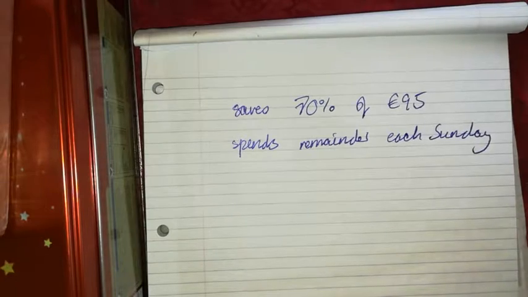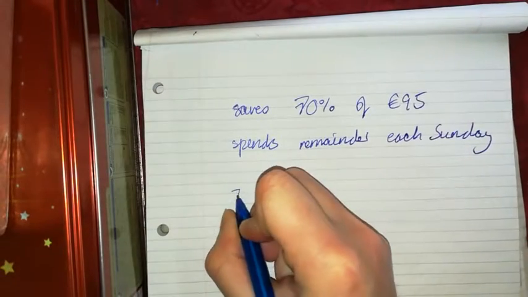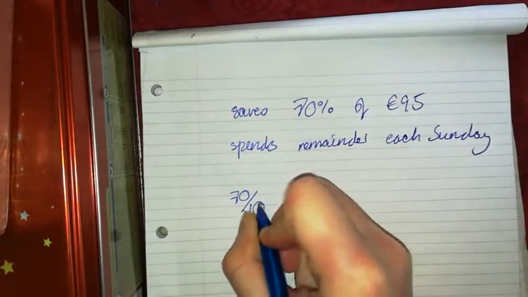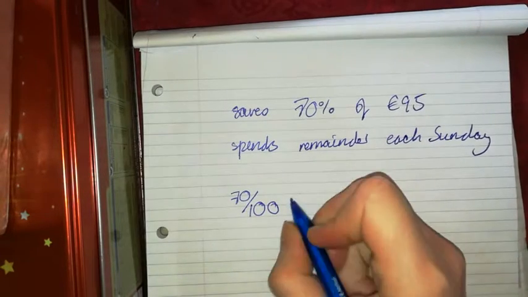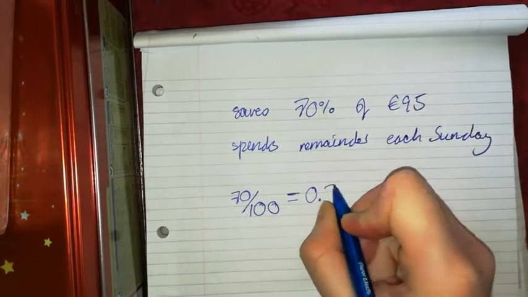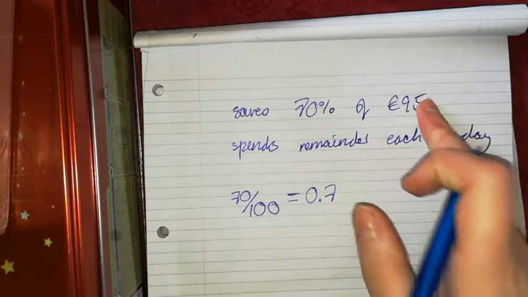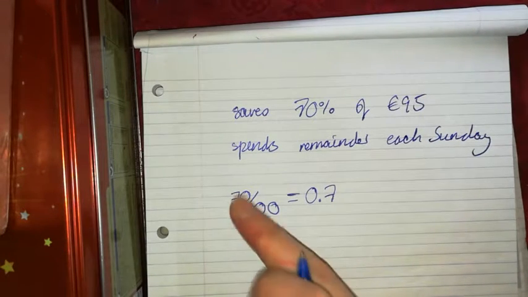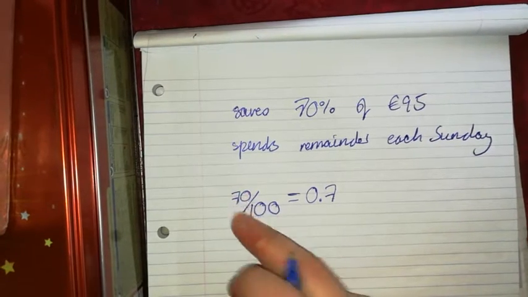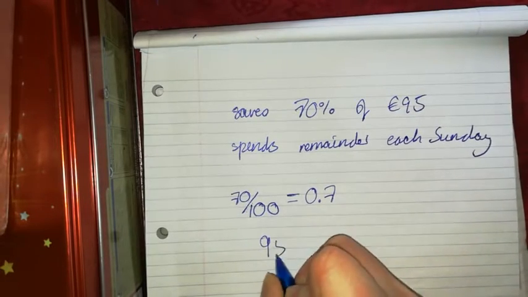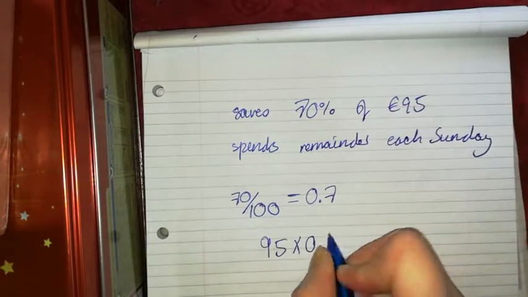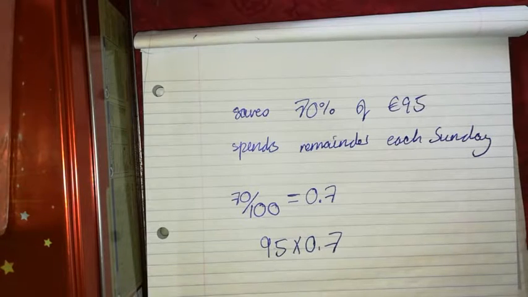And a handy way to write it as a decimal is put 70 over 100. And if I plug that into my calculator, I'll get 0.7. So I can multiply 95 by 70 over 100, or I can say 95 by 0.7, and that'll give me 70%.